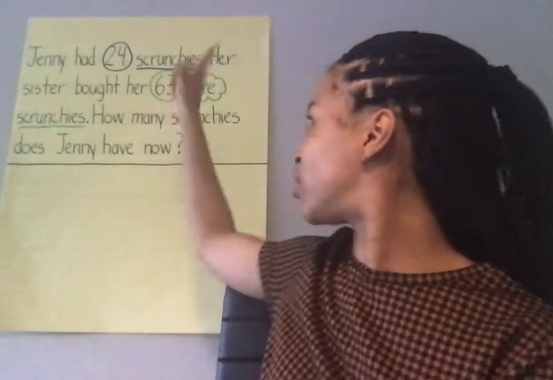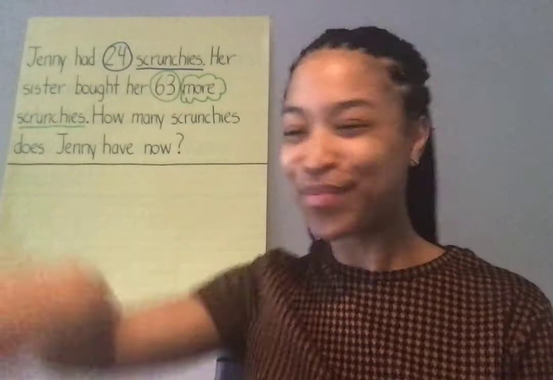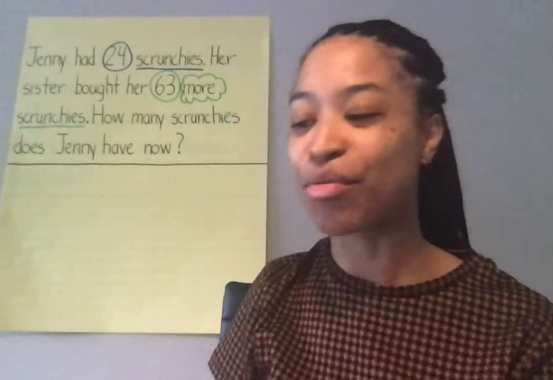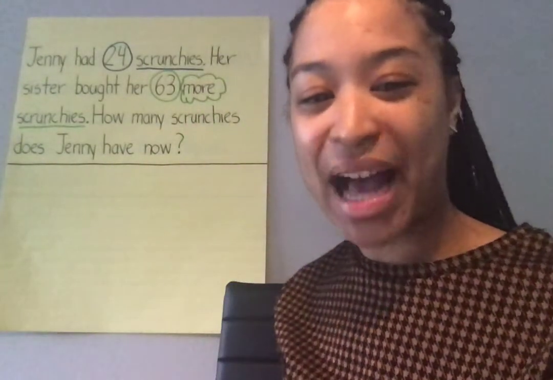What's the bigger number? 24 or 63? Put your finger on the bigger number. That's right. It is 63. So I'm going to start with 63. Put 63 in a box on your paper.